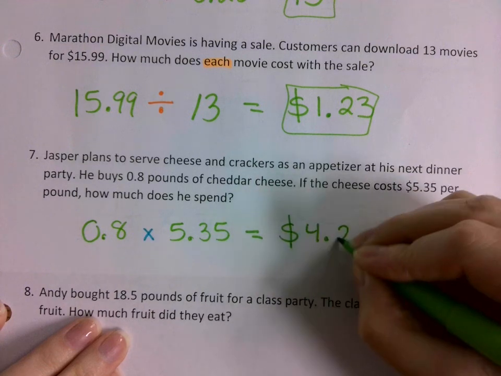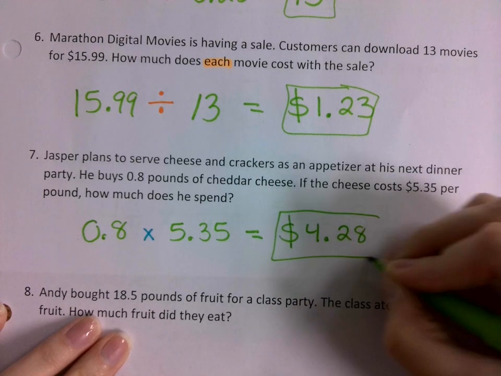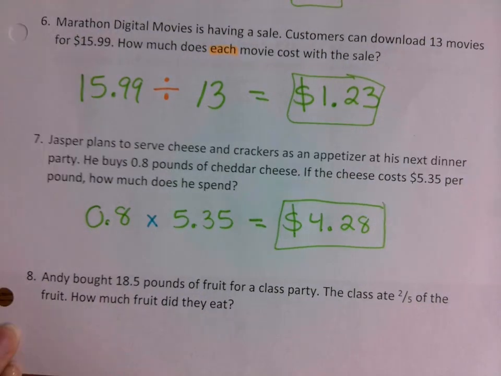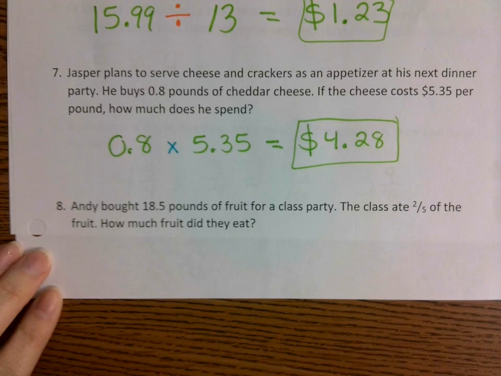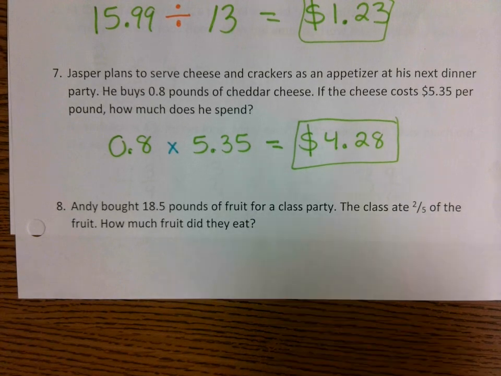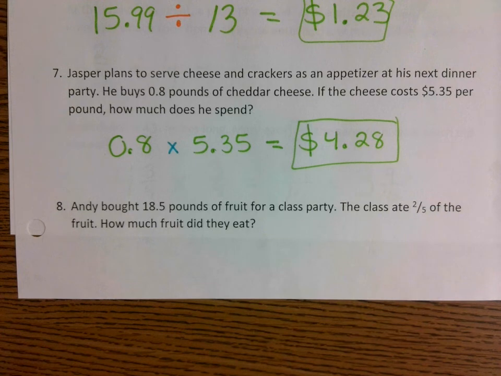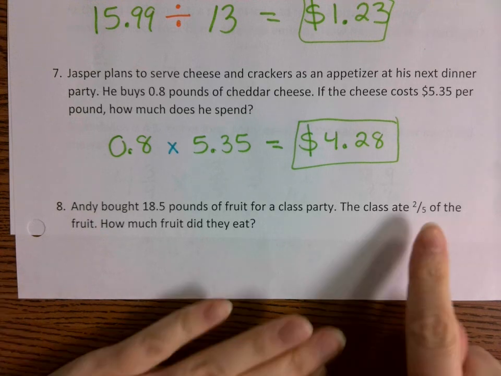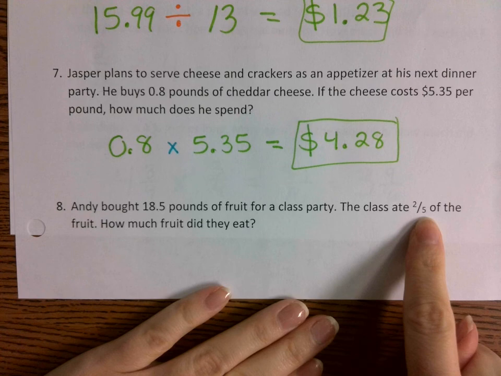Okay, and then our last problem. Andy bought 18.5 pounds of fruit for a class party. The class ate 2/5 of the fruit. How much fruit did they eat? Now here is a reminder again. 2/5 of. What did I say happens if we've got a fraction of? Multiply.